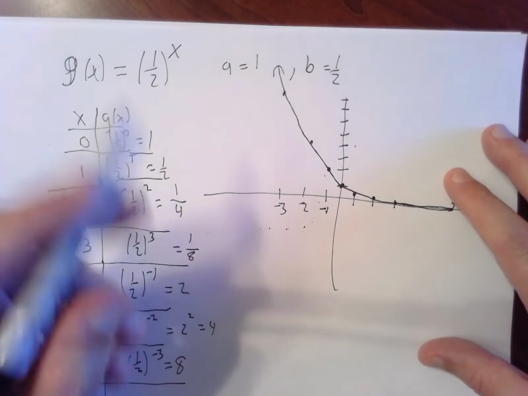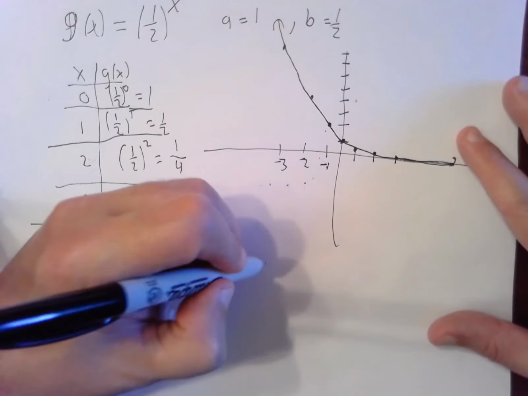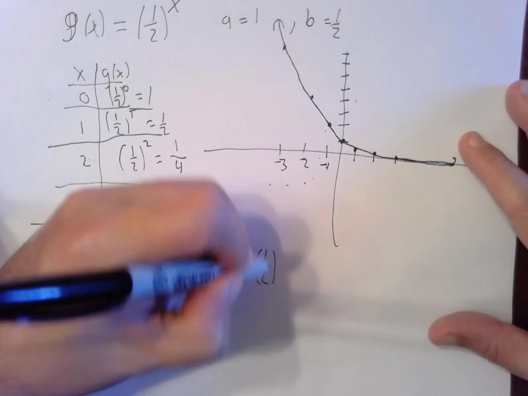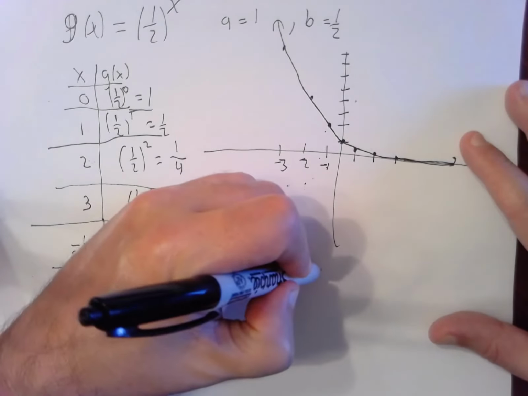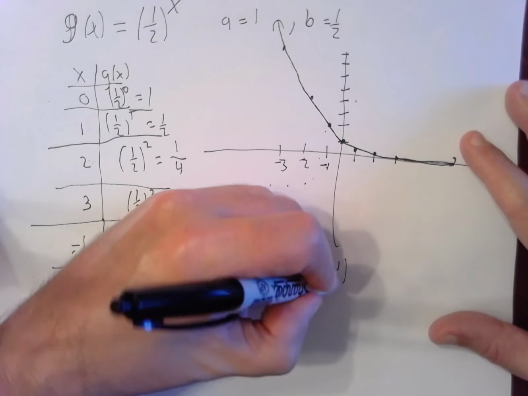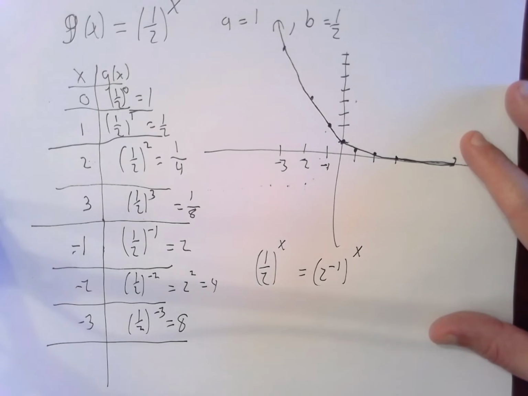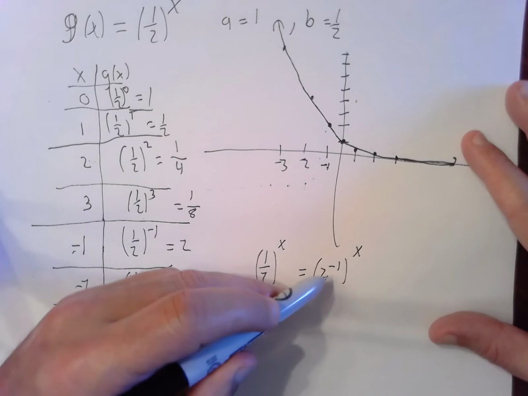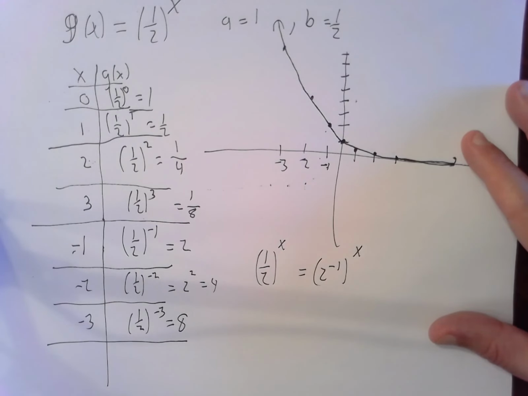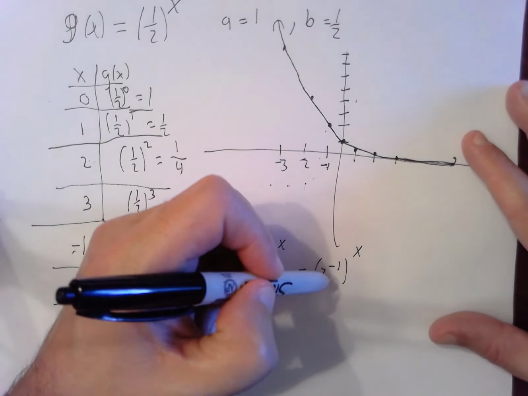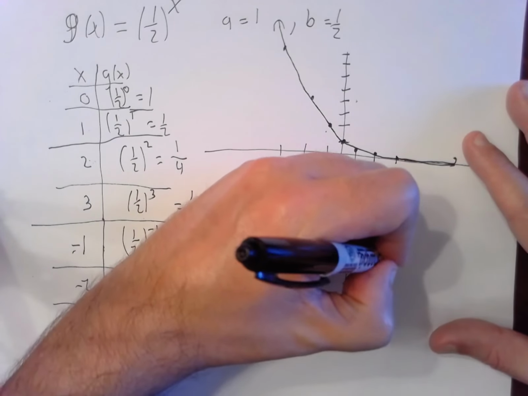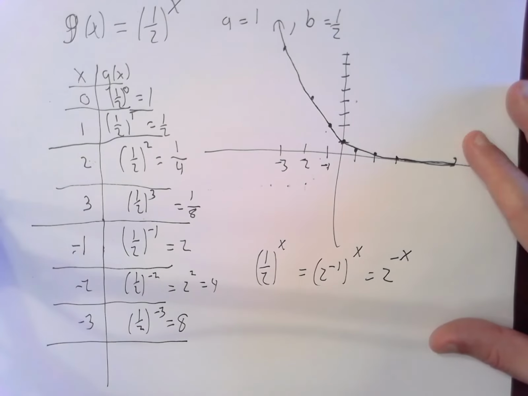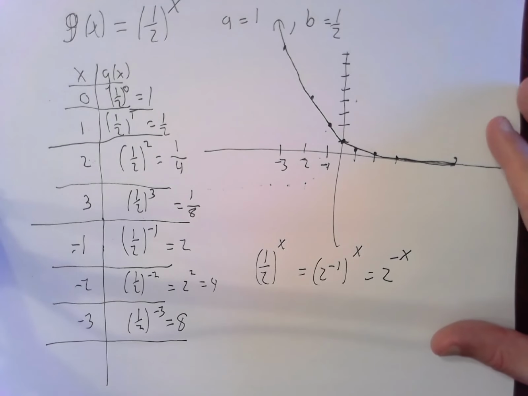I could take this guy here, 1/2 to the x, and say, well, that's just 2 to the -1 raised to the x power, because that's what 1/2 is, 2 to the -1. But if I have a power raised to a power, I multiply. I could rewrite this as 2 to the -x power.